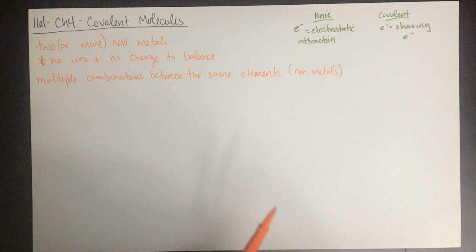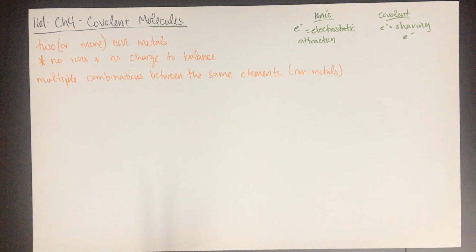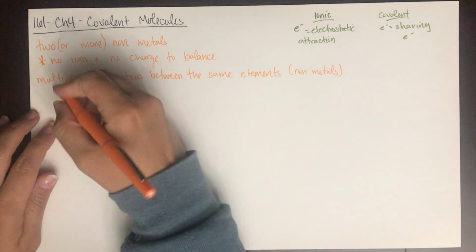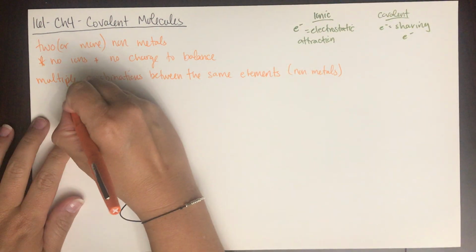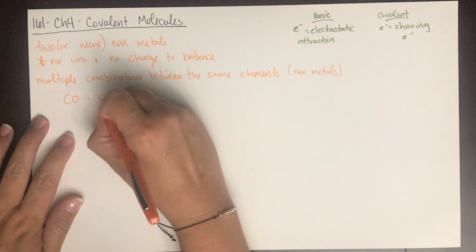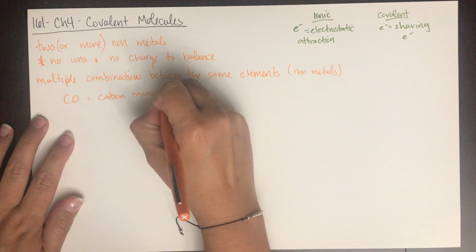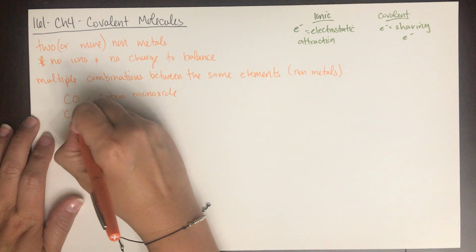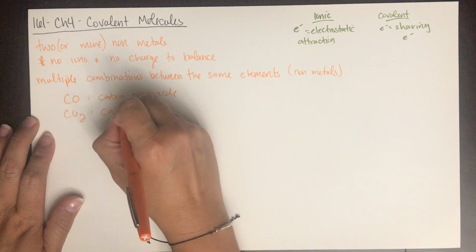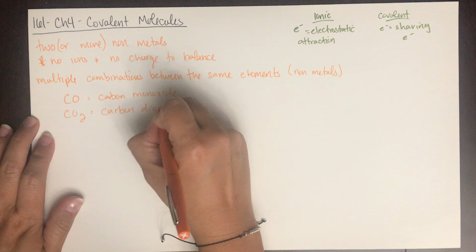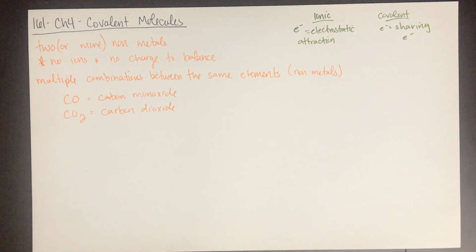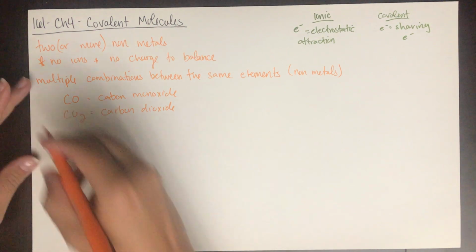Let's just look at an example: carbon and oxygen. You can have CO, which is called carbon monoxide, or you can have CO2, which is carbon dioxide. Because we can have multiple combinations between the same elements, we use prefixes to tell us how many of each element we have in the molecule.